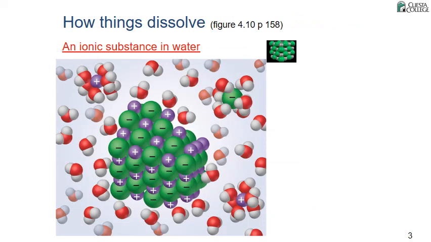Here's a figure from your book about how ionic substances dissolve in water. This particular substance could be shown as sodium chloride, or NaCl. And when NaCl solid dissolves in water, it turns into Na+ ions and Cl- ions.